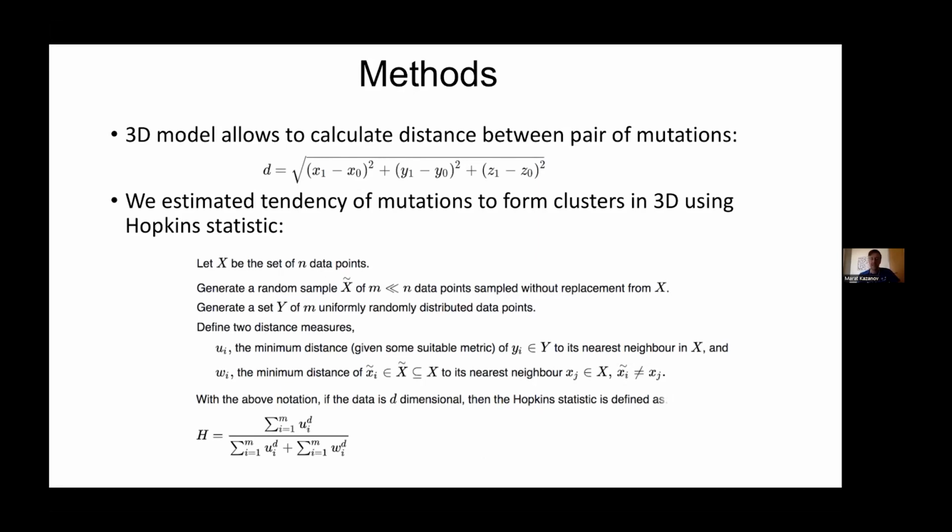This is a metric that compares the distances between actual mutations and randomly generated data points in 3D space, and allows us to estimate whether the mutations form clusters in 3D space.